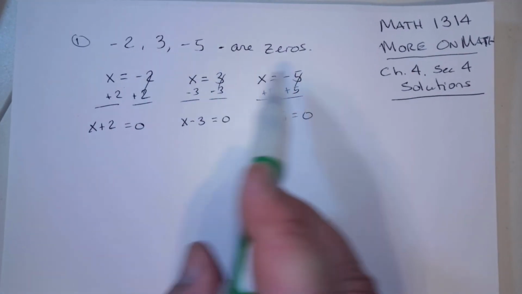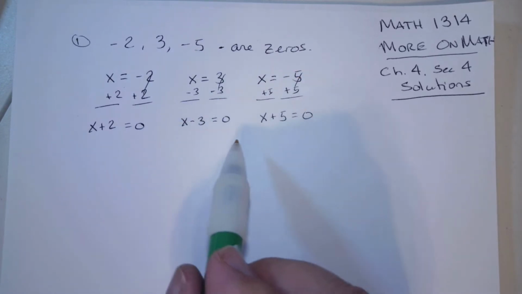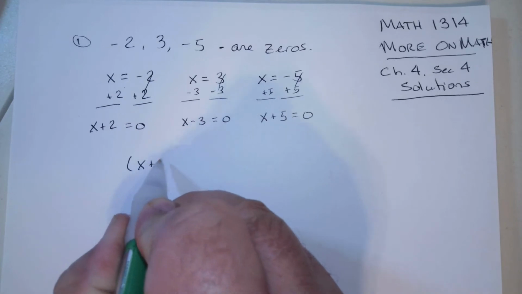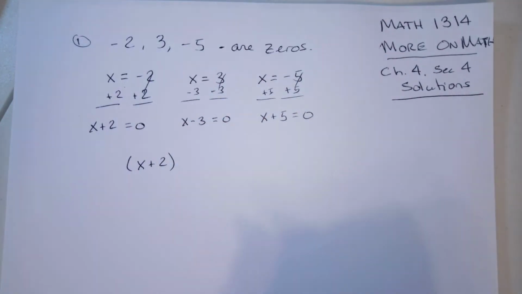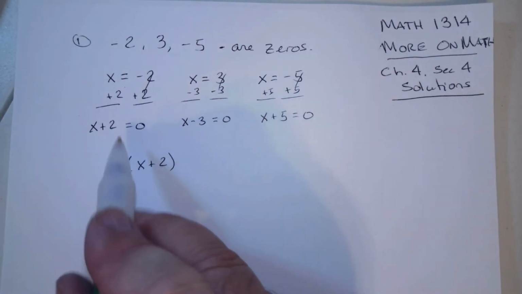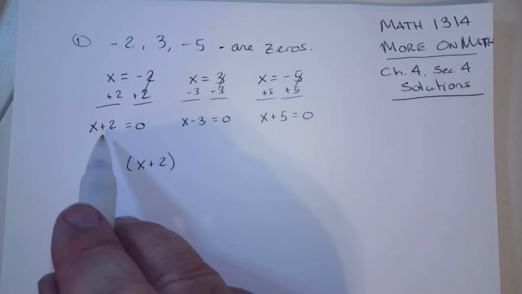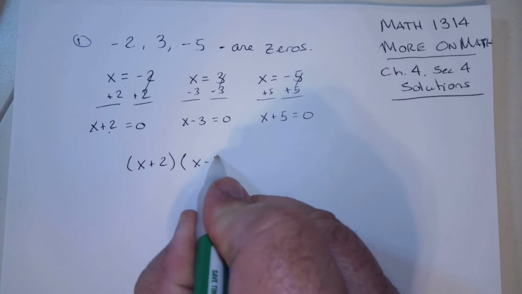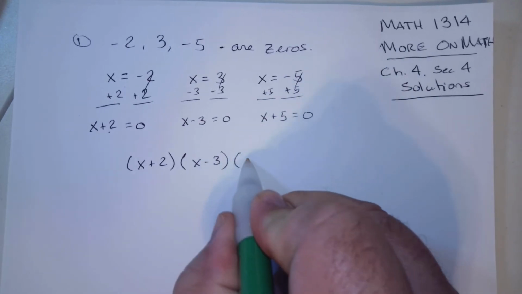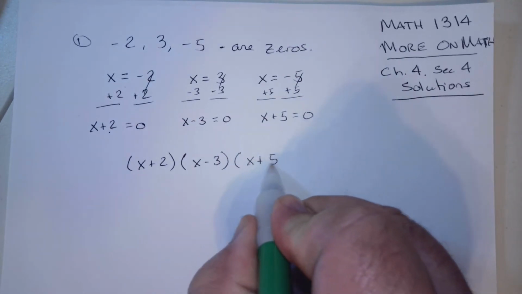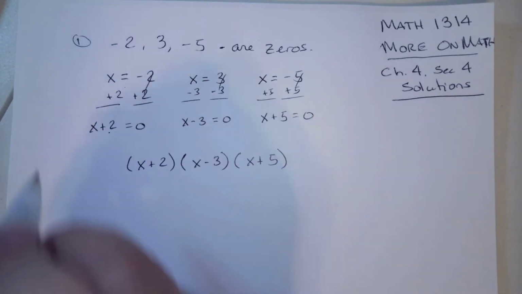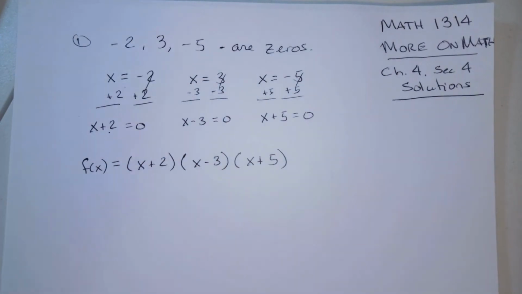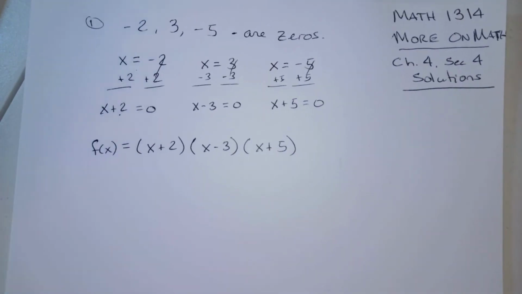So we start off with our x-intercepts, set them equal to 0. Since they equal 0, remember in section 1, we learned if it equals 0, that means it's a solution. And if they're solutions, they're factors. So that's our polynomial in factored form.